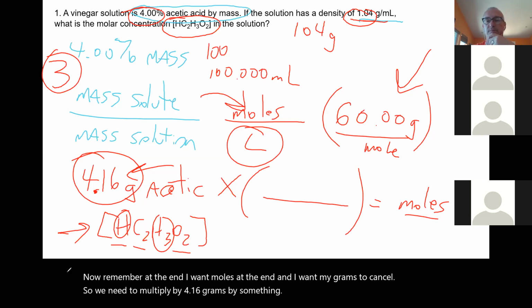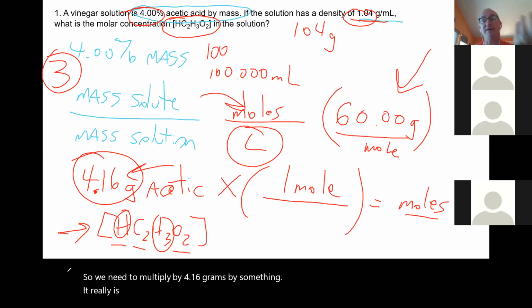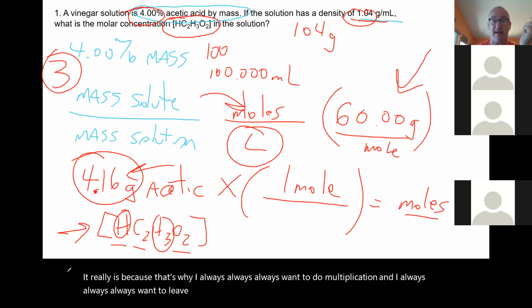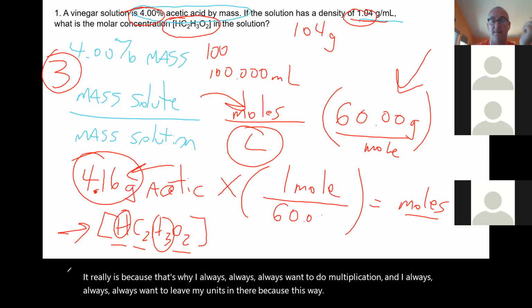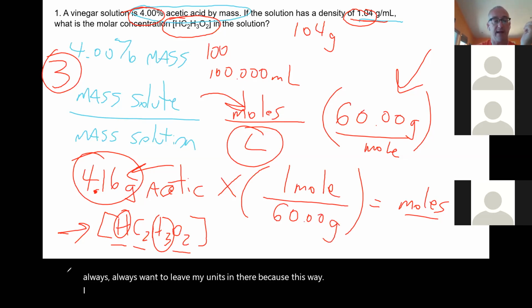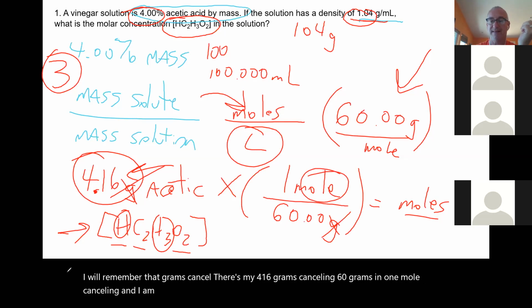Is it 1 mole over 60 grams? It really is, because I always want to leave my units in there, so I will remember that grams cancel. There's my 4.16 grams canceling, 60 grams and 1 mole canceling, and I am left with moles, the unit I want. That ensures that I'm going to do my math correctly.